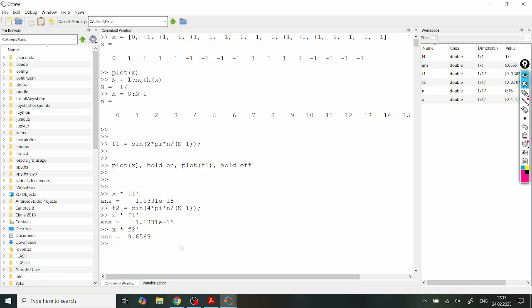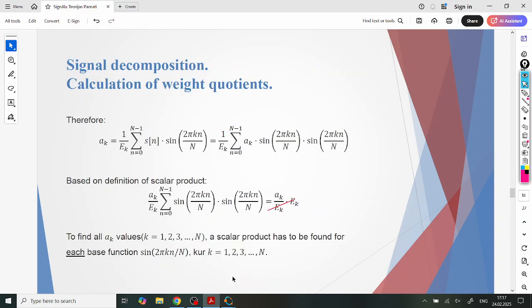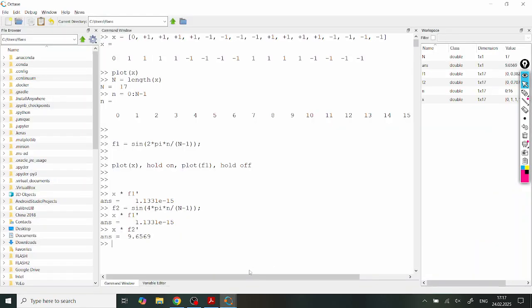Essentially, we need to remember that we also need to have this energy here, which I did not compensate for. So normally I would need to divide by n divided by 2, which is now closer to this 1.